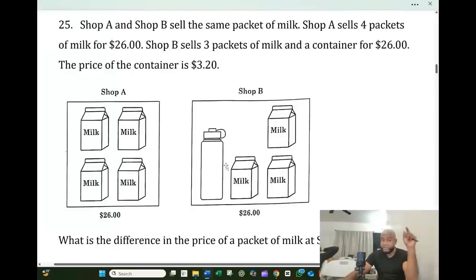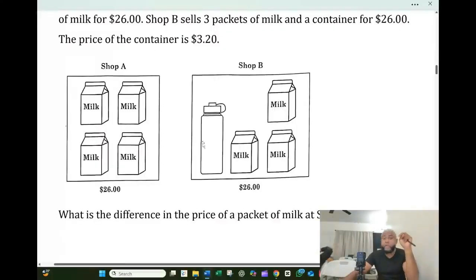So for Shop A you're getting 4 packets for $26, and for Shop B you're getting 3 packets and a container for $26. The price of that container is $3.20. You got that, Kiana and my people online? What is the difference in the price of a packet of milk at Shop A and Shop B?